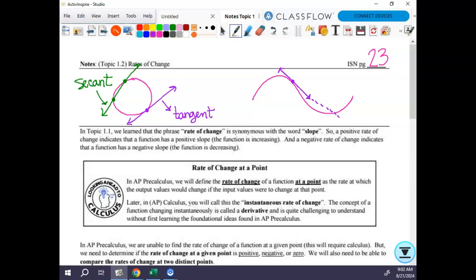Because a tangent line related to a circle, yes, it intersects a circle at exactly 1 point, and that word exactly is important. My tangent line doesn't have to intersect my function at exactly 1 point. It does have to intersect the function at exactly 1 point in this neighborhood right here. Like if I was to limit my domain, that little neighborhood is just right there.